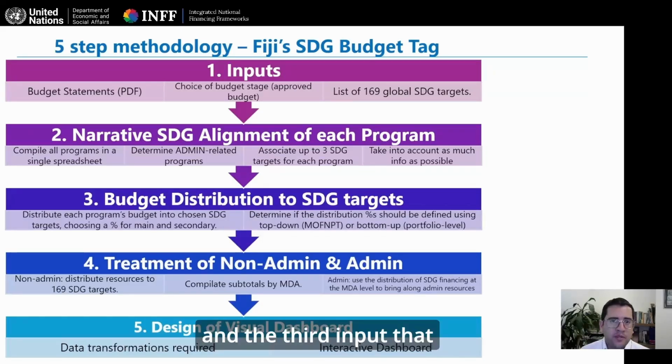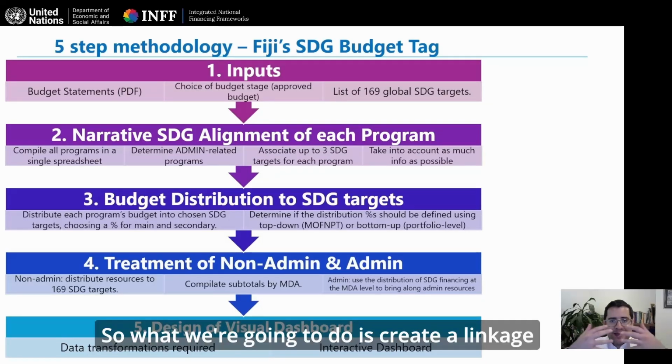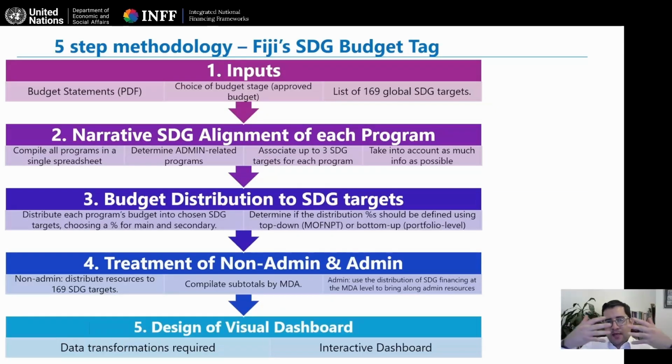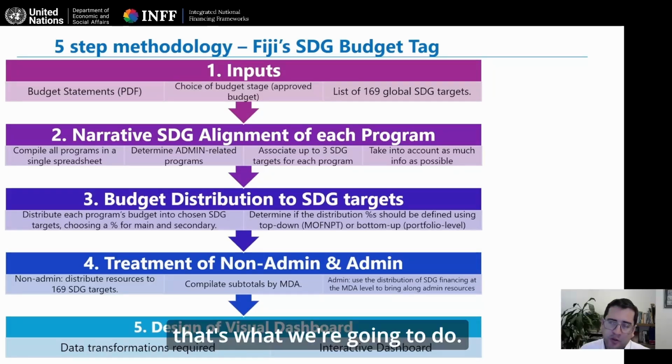And the third input that we need is the list of 169 global SDG targets. So what we're going to do is create a linkage between what's on the PDF of the budget and the list of 169 SDG targets. That's in terms of the inputs, which is the first step.